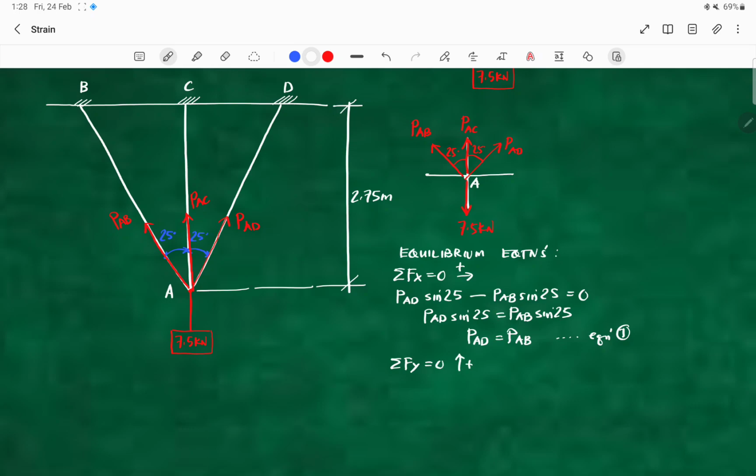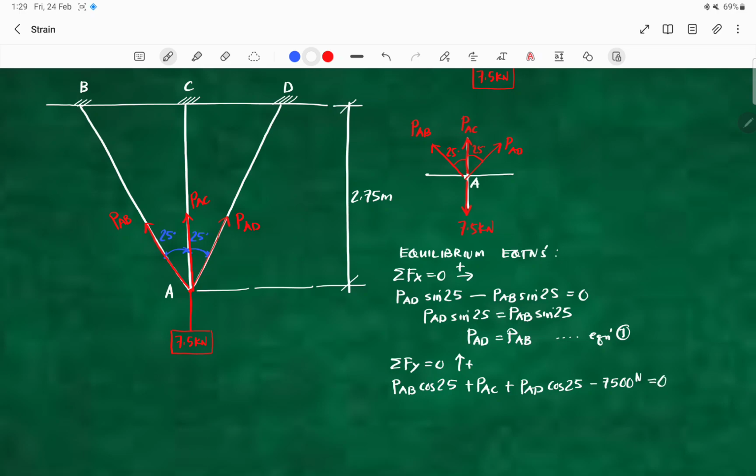Ngayon, another equilibrium equation na pwede natin magawa dito is itong summation of forces vertical. So, let's assume na yung going up is positive. So, bali, meron tayong force EB cosine 25. And then, meron tayong going up na force EC. And meron tayong going up na force AD, and that is cosine 25. Meron tayong going down na 7.5 kilonewton. So, sabihin natin this is 7,500 Newton.